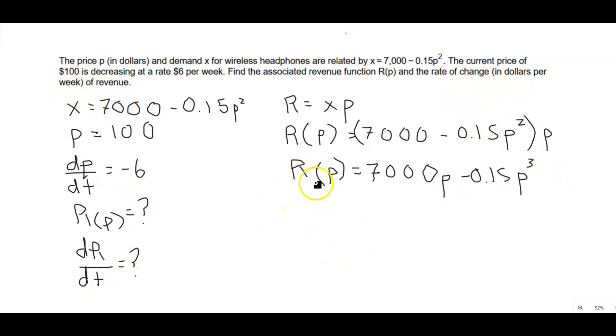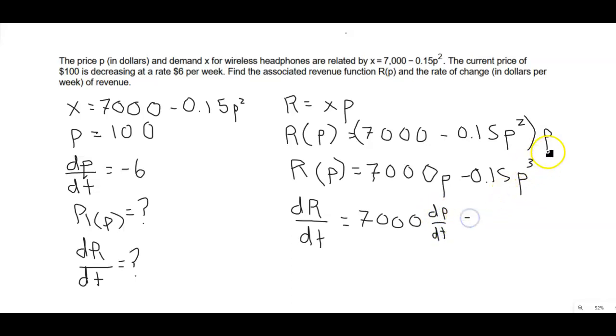So I'm going to take the implicit differentiation of both sides. The derivative of R is just going to be dR over dt. The derivative of 7,000P will just be 7,000, and since I just took the derivative of a P, I have to put a dP over dt.